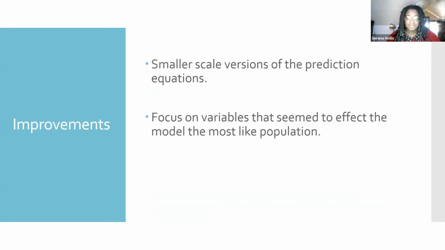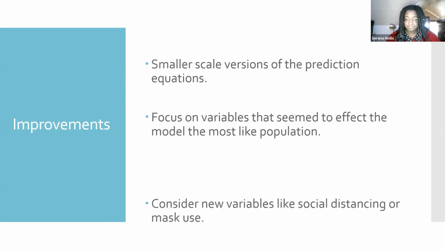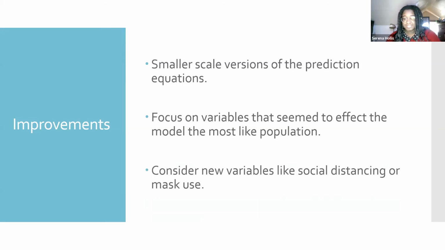Then I would also focus more on the effects that seem to affect the model much more, like population and air temperature. And then I would also consider new variables like social distancing, mask use, the opening of public areas like restaurants, stores, public spaces, anything like parks, stuff like that.